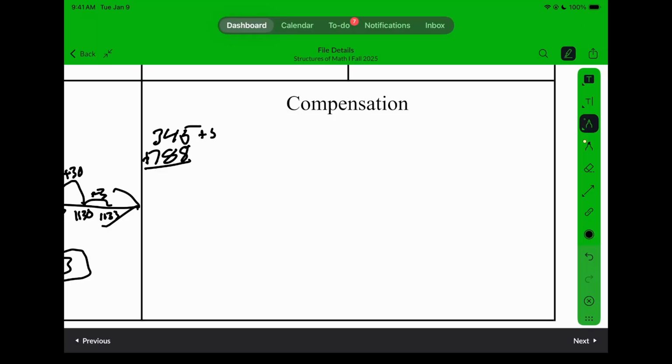Easy method. Add 5 to 345. And remember, for addition, whatever you do to one, you have to do the opposite to the other. So like adding 5, you have to take that 5 away. It's essentially like moving that 5.